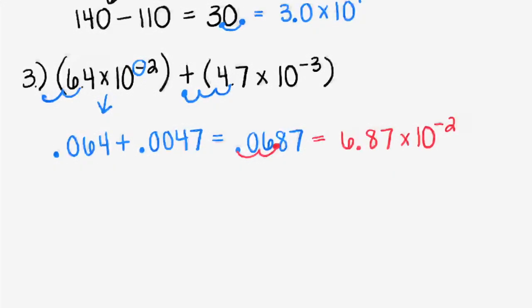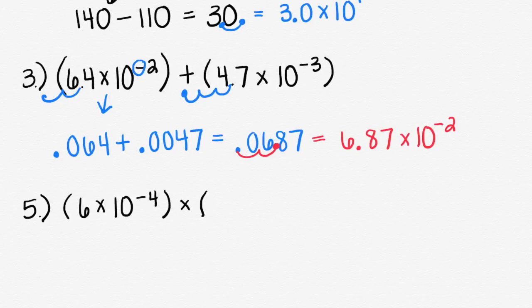Okay, let's move down now to a multiplication problem. Let's do number 5. All right, so 6 times 10 to the negative 4 multiplied by 4 times 10 to the 7th. So you have a very small number multiplied by a very big number. Okay, so first of all, 6 times 10 to the negative 4, you're going to have to add a decimal here.